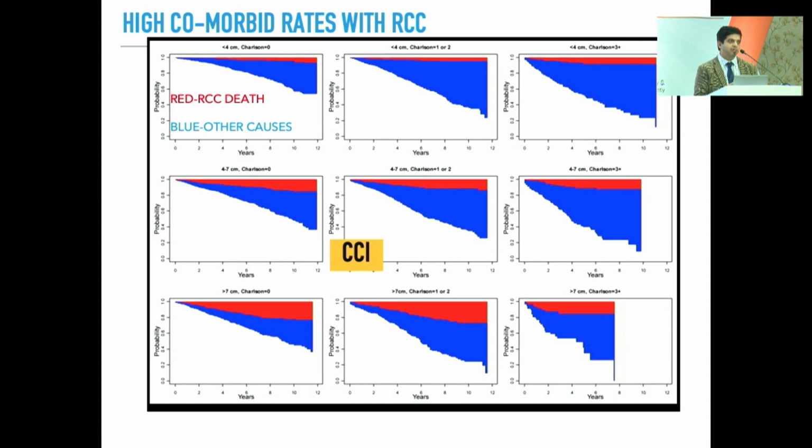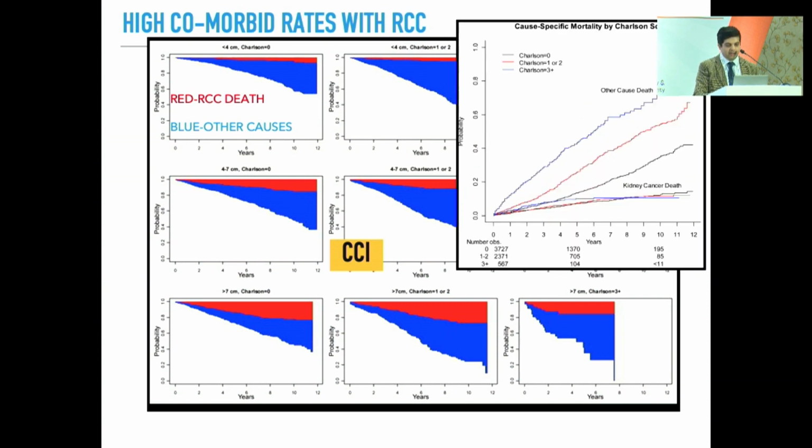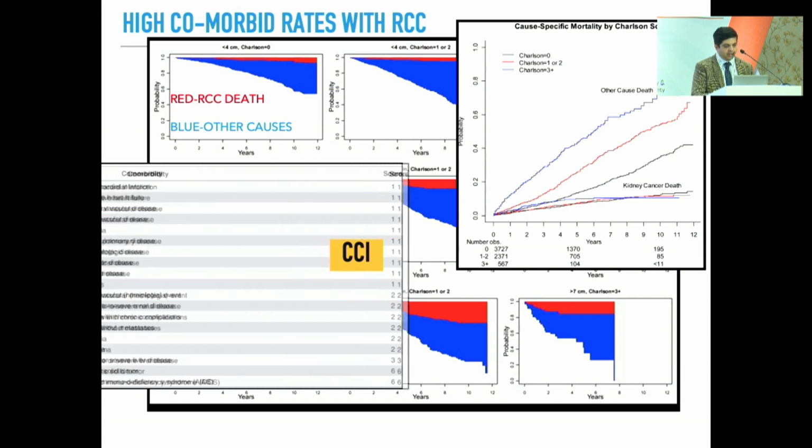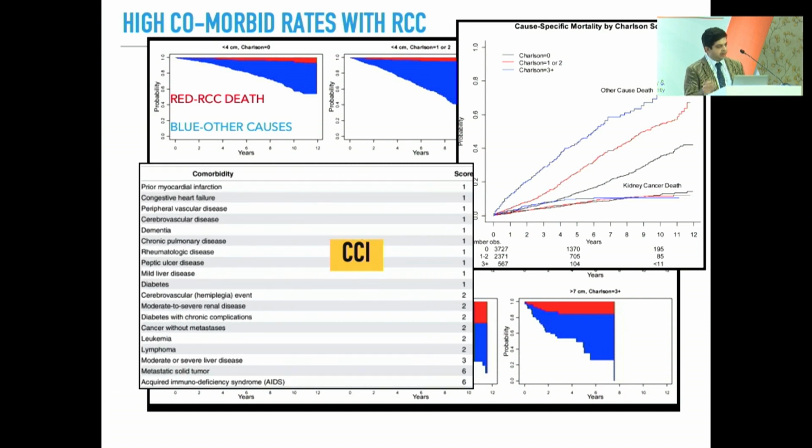So as the size of the tumor increases and as the age increases, these are the factors that we have to consider. For a given mass, the cancer-specific mortality would be similar across Charlson's comorbidity groups, but because sicker patients will have death due to competing causes. And as you may have read before about the Charlson's comorbidity index, this considers several factors for which a score is provided and the total of the score is considered.